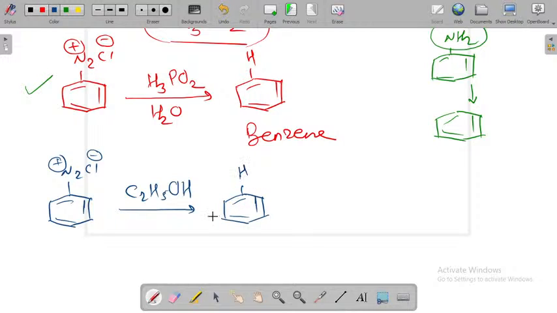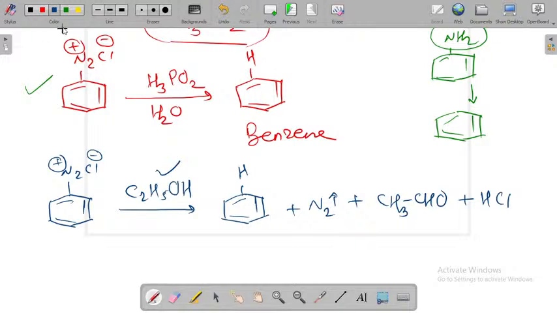That's why this is benzene. The byproducts of this reaction are N2, CH3CHO, since oxidation of the ethanol takes place, and HCl. Do you understand this?